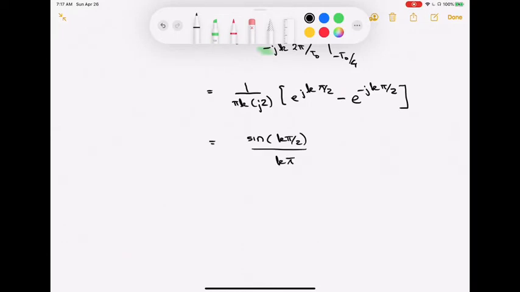So it's a sine x over x type term. That's a really famous form, related to something called the sinc function. And if I could get this slightly closer where I could have a divide by 2 there, well, that's just going to require me to have a 2 out front.